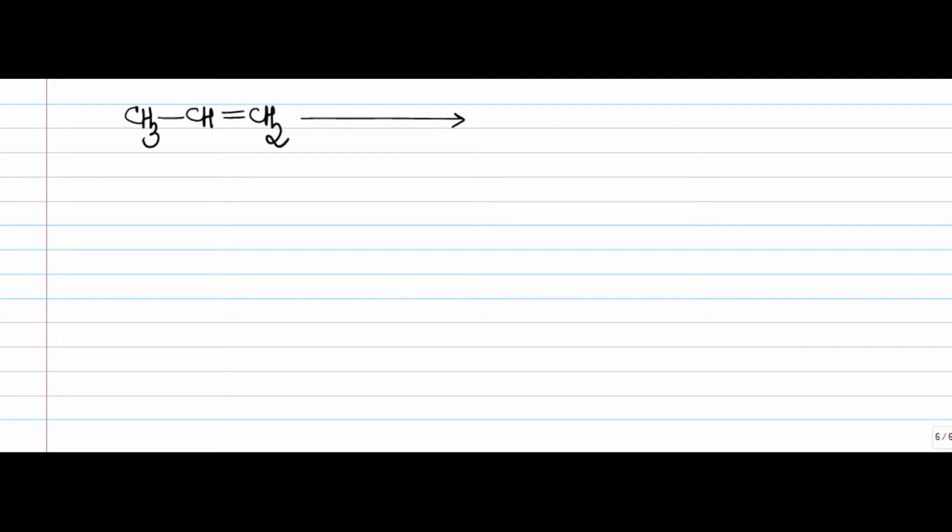The first step with HgOAc twice would result into formation of CH3, CH3, CH. See, this is like CH3, and then you have the mercuric acetate added, so CH2 and HgOAc. Okay, let us put this as a weak bond here.